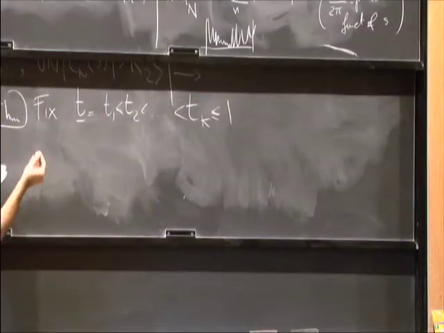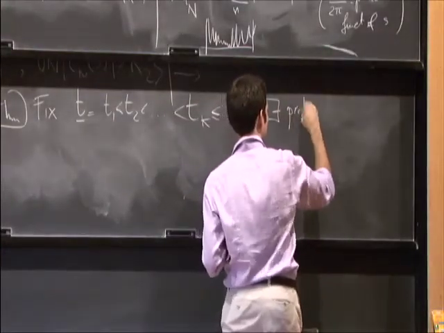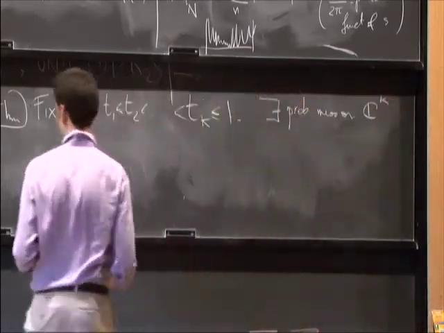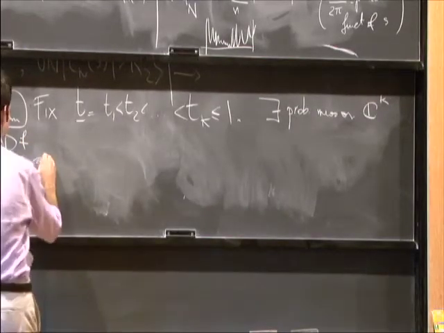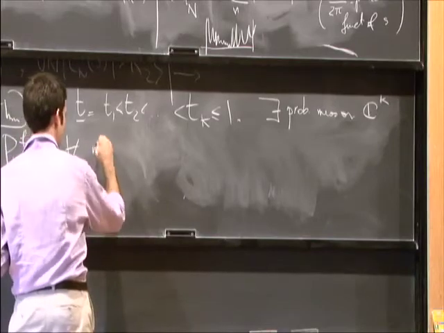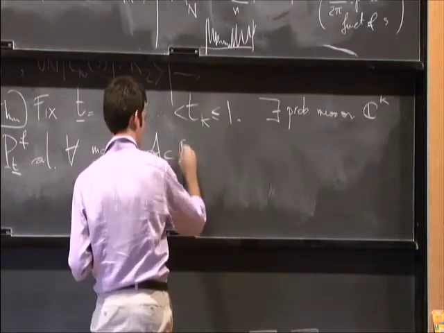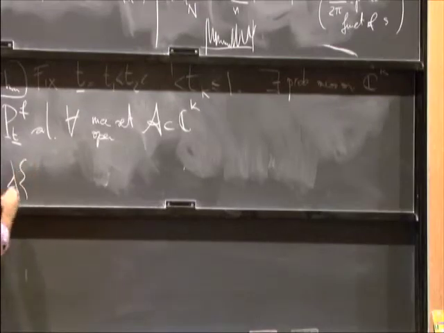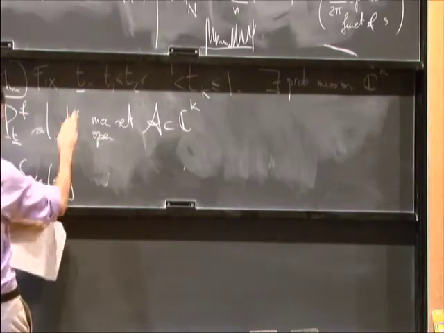Fix these numbers, and I claim that there exists a probability measure on C to the k, let me call it P_{t,f}, such that for every nice open set A in C to the k, the following is true. If I look at the measure, it doesn't need to be the Lebesgue measure, but let's say lambda is the Lebesgue measure. The measure of alpha such that, so here the periodicity is a bit different, but it doesn't matter.